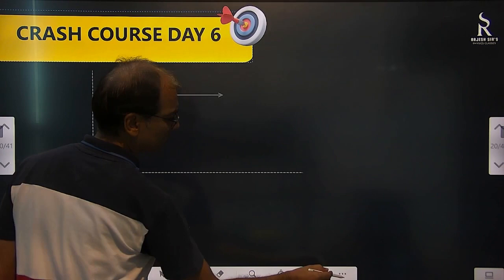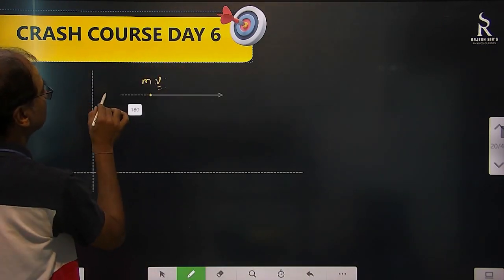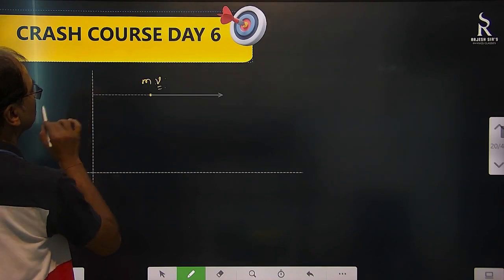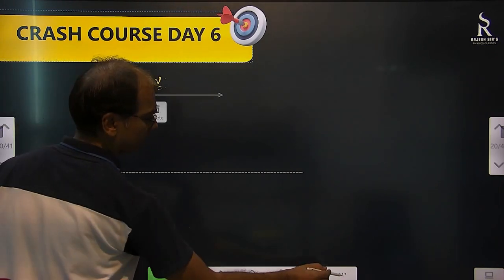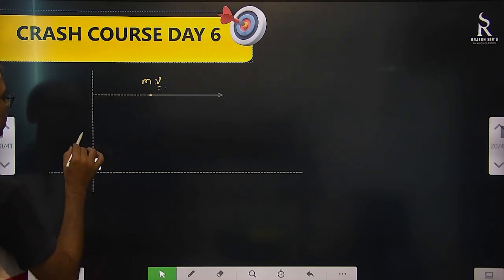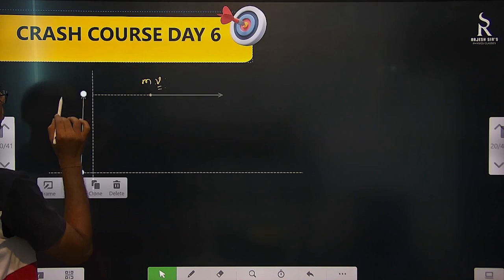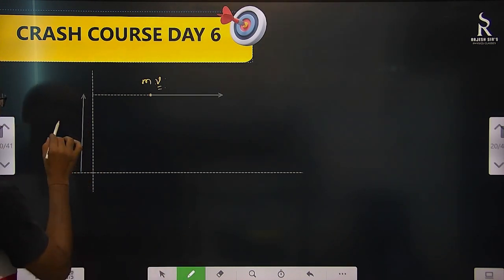And its position here along y-axis, this distance, we will say is something like b.